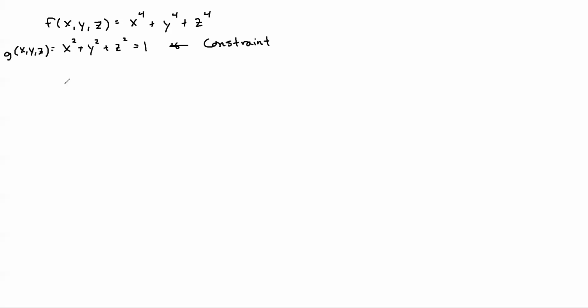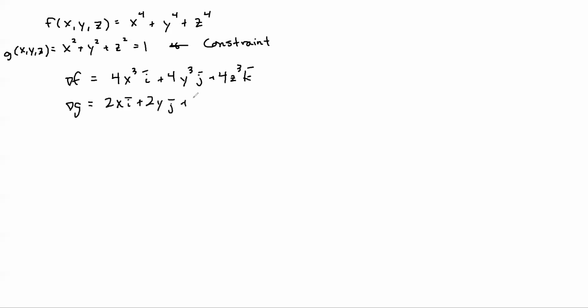All right, once we've done that, gradient f is 4x to the third i plus 4y to the third j plus 4z to the third k. Gradient g is 2x i plus 2y j plus 2z k.